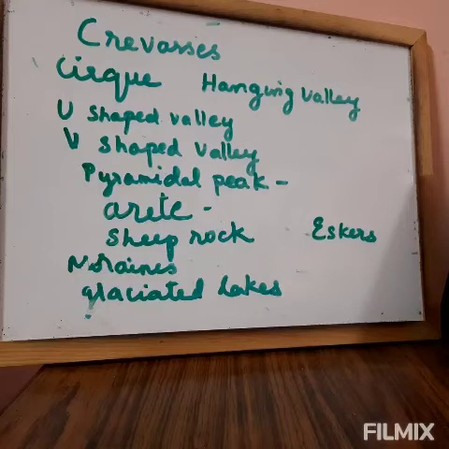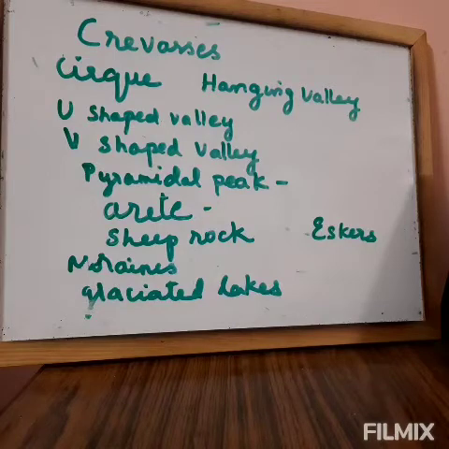If they cut narrow and deep, you find the V-shaped valley. If that V-shaped valley is deposited with more moraines and turns broader, then it becomes a U-shaped valley.